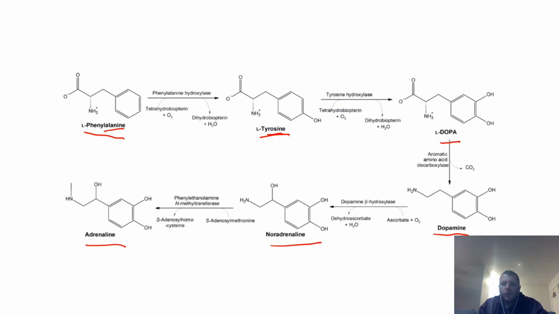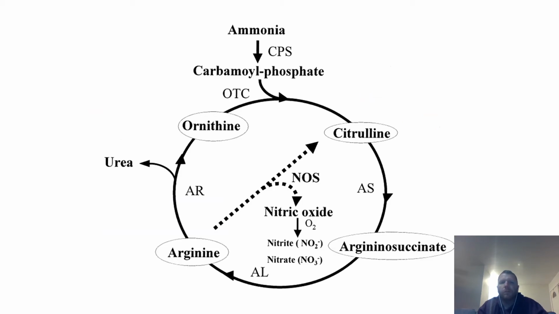Then you're going to add ascorbic acid plus O2, which just adds an OH group right here, making noradrenaline. And then after that, you're going to add a methyl group onto the nitrogen of noradrenaline to make adrenaline.